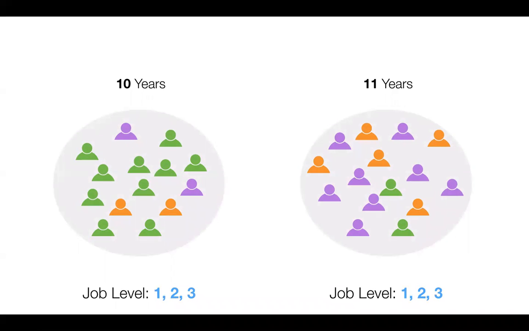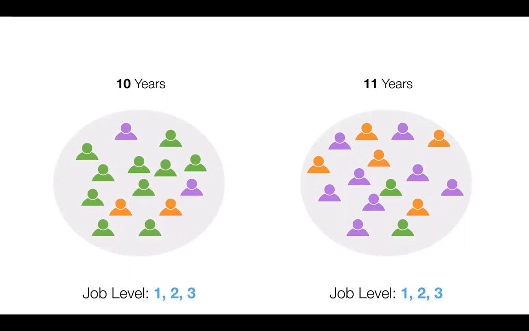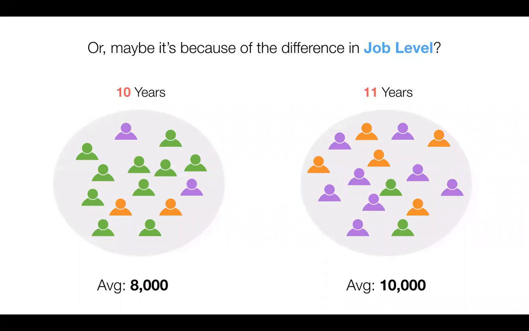When you look closely, the 11 years group has more purple people or orange people, while the 10 years group has more green people. Green is level 1, and orange and purple are level 2 and level 3. So the difference between the average of the 10 years group and the average of the 11 years group might be coming from the job level, not because of the 1 year increase.